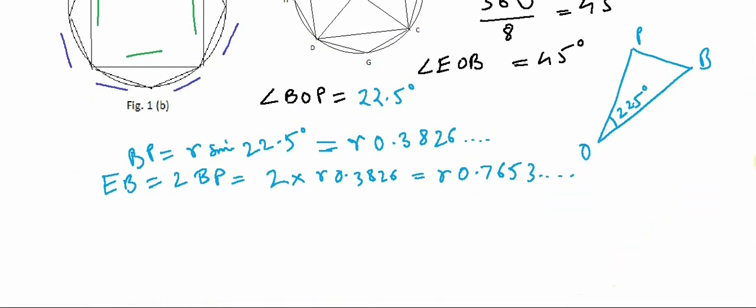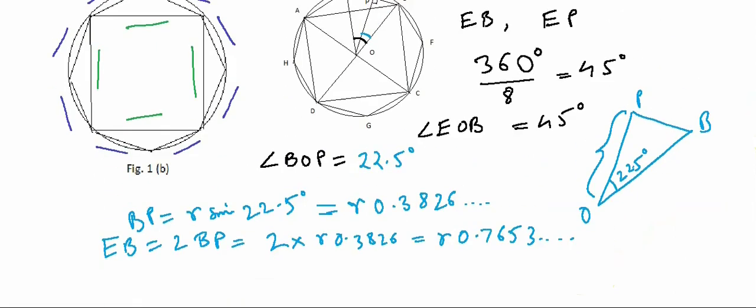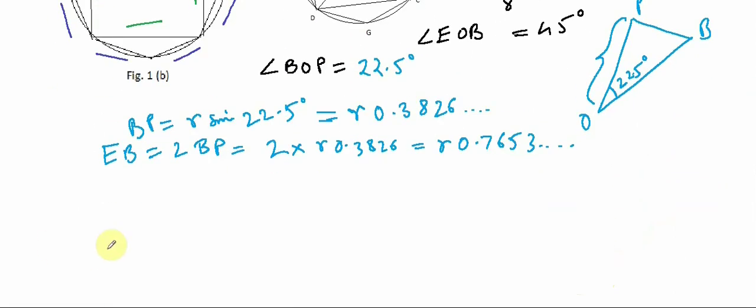Now the height is OP. You see in this diagram, OP is the height. Now OP can be calculated by applying trigonometry, cos 22.5 degrees, which turns out to be R 0.9238.